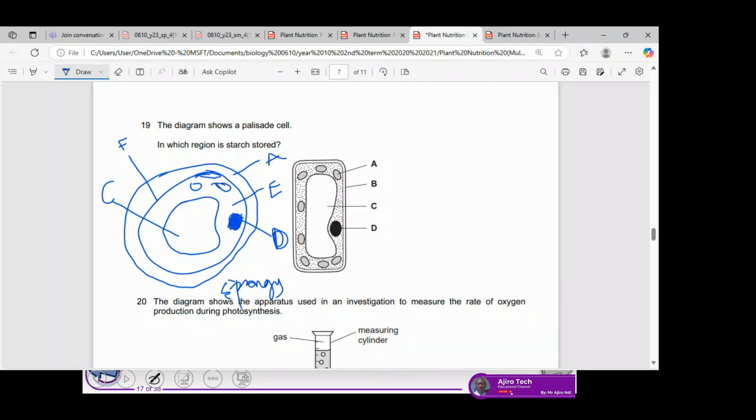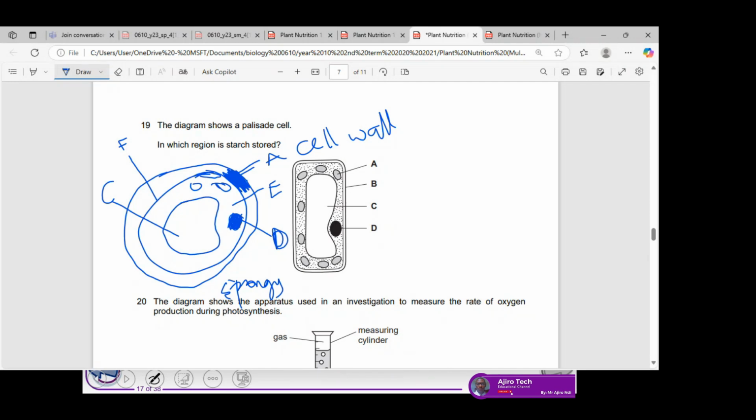So for this now, A, everywhere I'm shading, you can see my shade. Every part in that space, from the first membrane to the second membrane, is the cell wall.